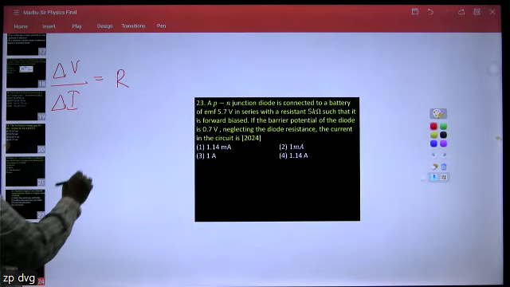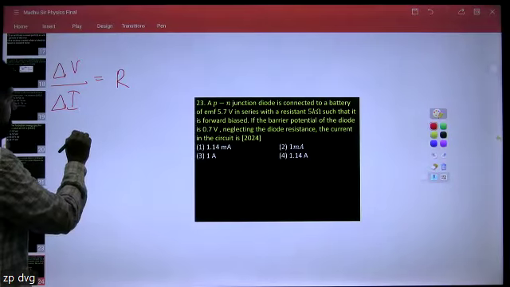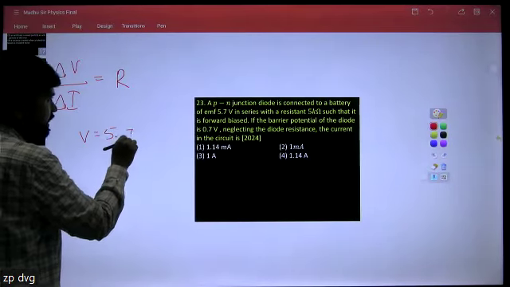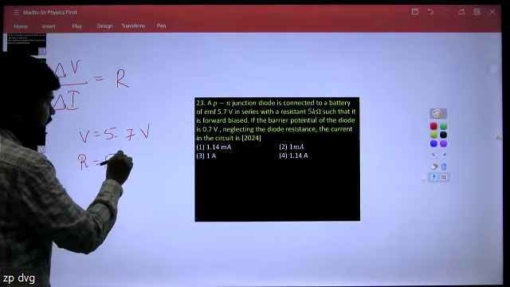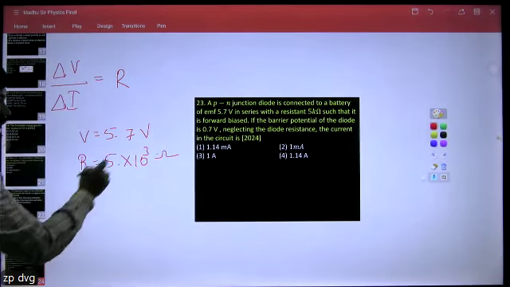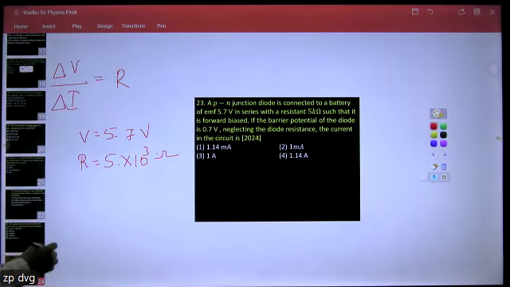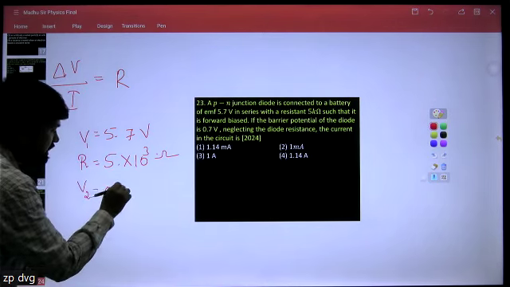They have given the PN junction diode connected to a battery of EMF V1 equal to 5.7 volt, and R equal to 5 into 10 power plus 3 ohms, and the potential barrier V2 is equal to 0.7 volt.